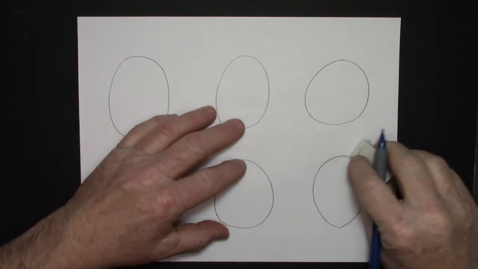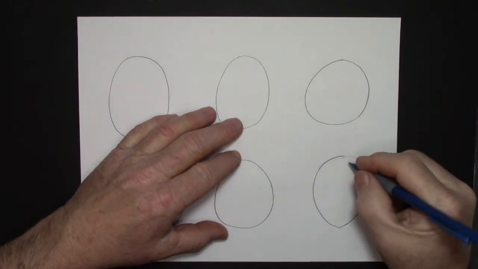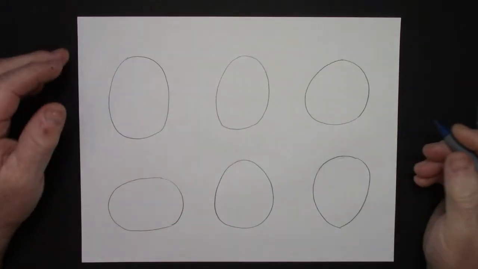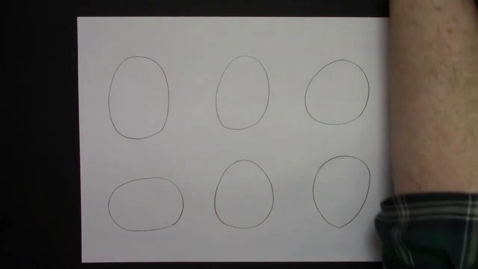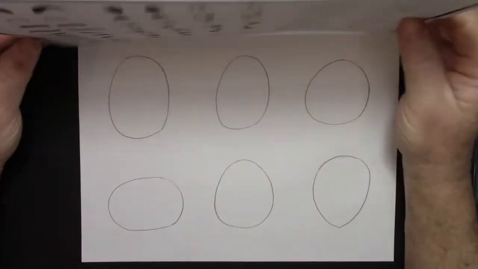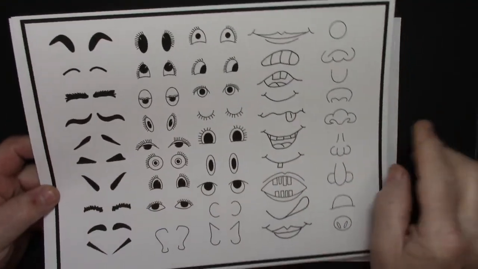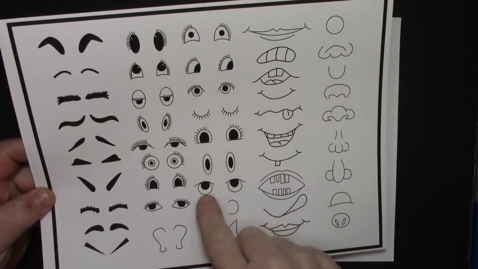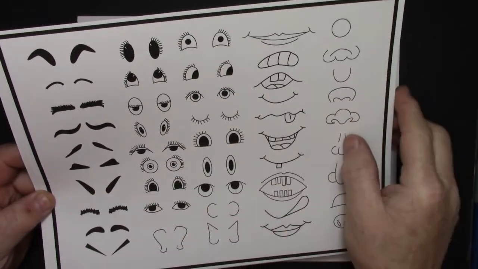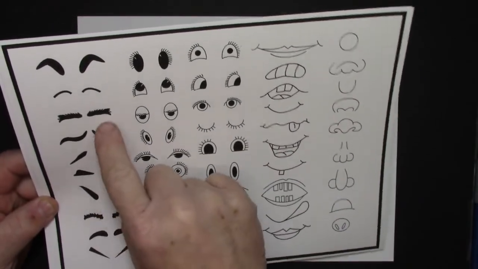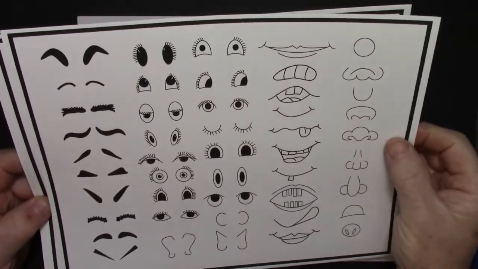And so I'm going to give you just a minute to get caught up with that and get your circles on there. And then we're going to start putting some facial features on them. And here's what I'm thinking. We can take different facial features like the eyes and different mouths, noses, eyebrows. You can even use these for mustaches as well.